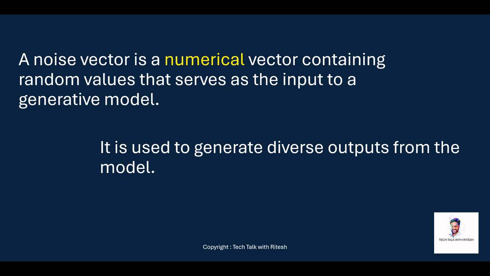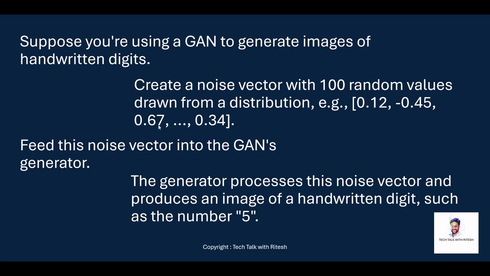What is a noise vector? A noise vector is a numerical vector containing random values that serve as the input to a generative model. It is used to generate diverse output from the model. Let's see the example. Suppose we are using a GAN to generate images of handwritten digits.